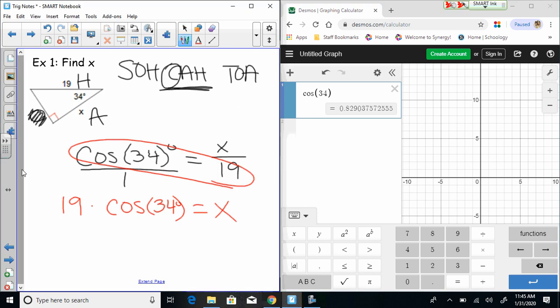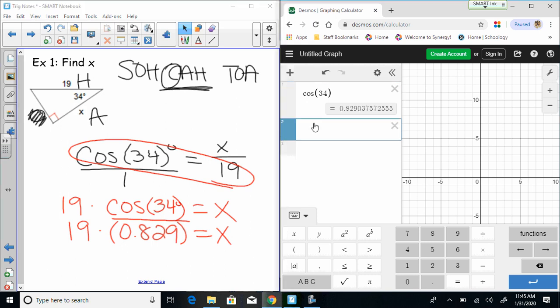So now I'm going to put this in as 19 times, now the cosine of 34 is really just the decimal 0.829. So I'm going to do times 0.829 is equal to x. And now we just need to multiply 19 times the 0.829.